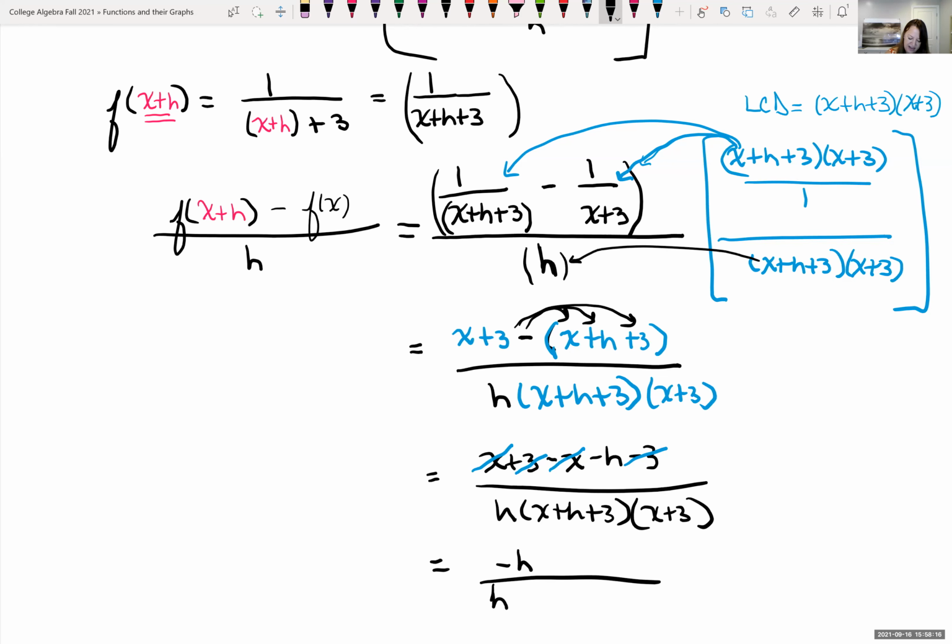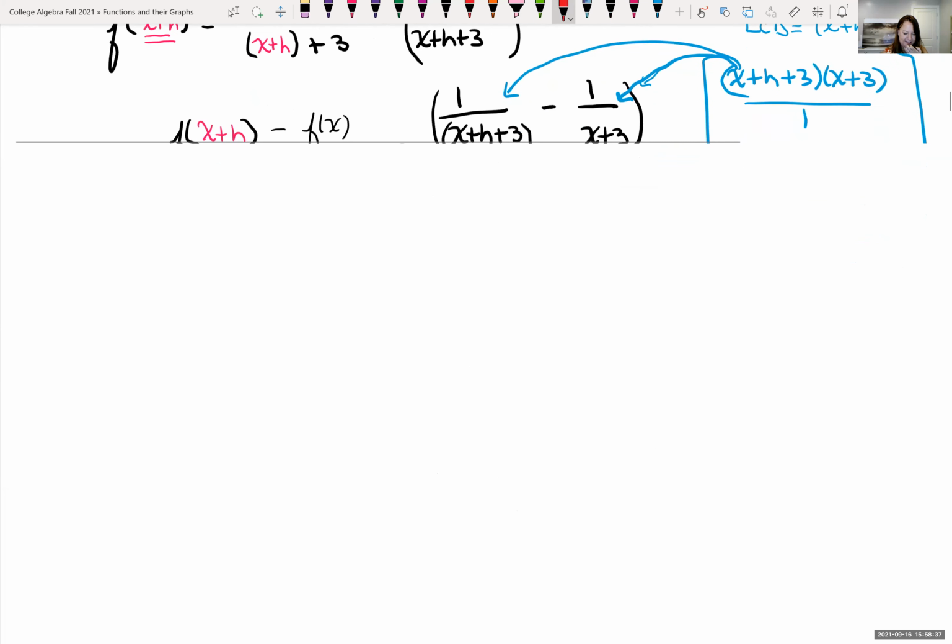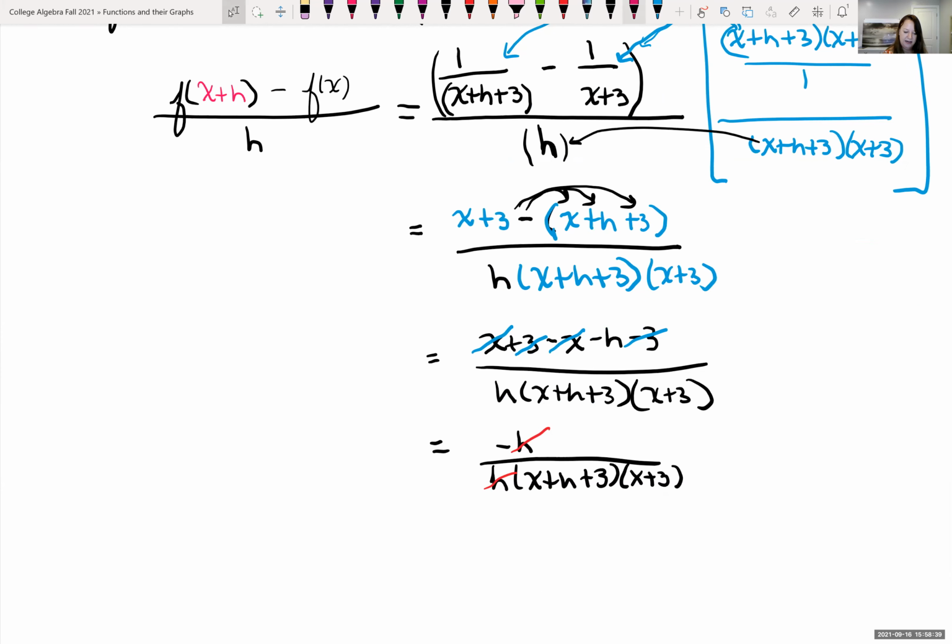But I notice that I have an h that's a factor down here in the denominator. So that can actually cancel out. So I have a negative h all over h times the quantity x plus h plus 3 times the quantity x plus 3, leaving us with negative 1 in our numerator all over the quantity x plus h plus 3 all times x plus 3.